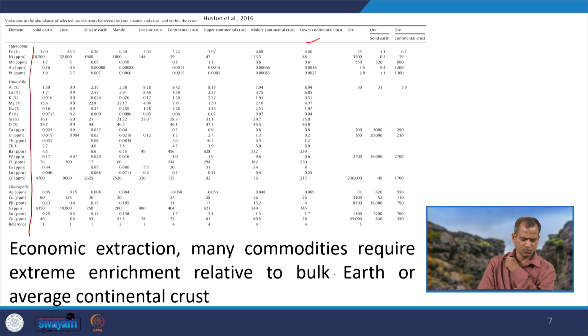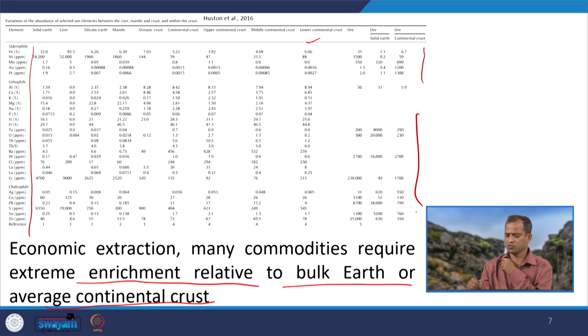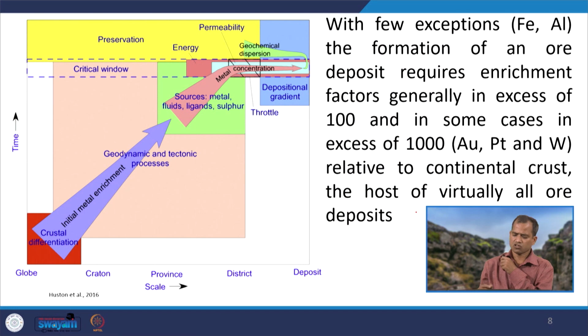So, economic extraction of many commodities requires extreme enrichment relative to the bulk earth average continental crust. Here the bulk earth crustal composition is given, and some of these minerals need very little enrichment and some need very high enrichment.